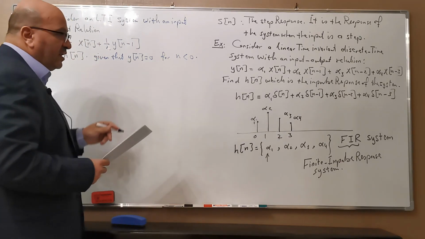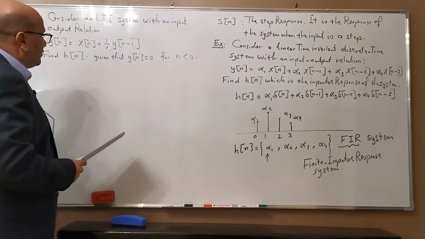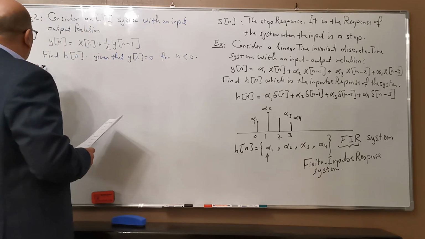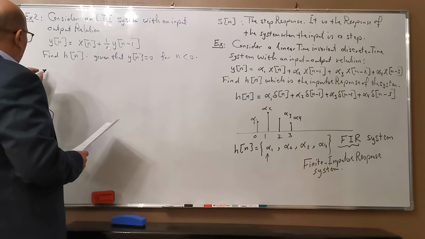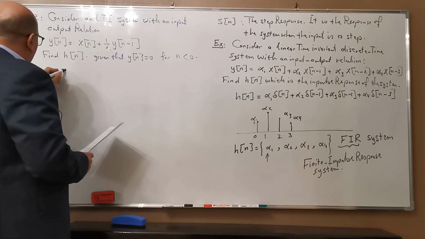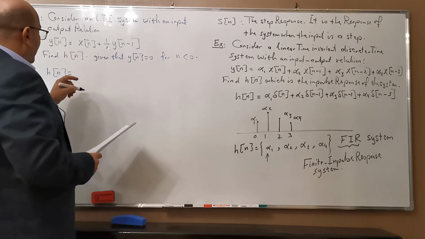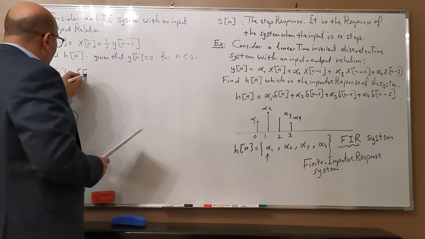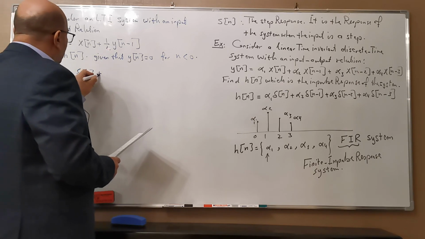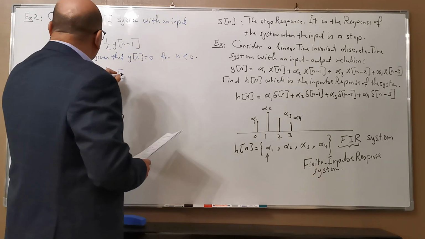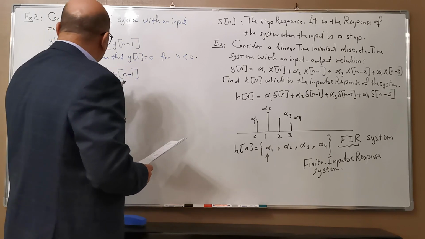Okay, we don't have any y of n for the negative indices. Now we need to find h of n. So h of n will be equal to y of n when x of n is a delta. So this will be delta of n plus 1/2 y of n minus 1.